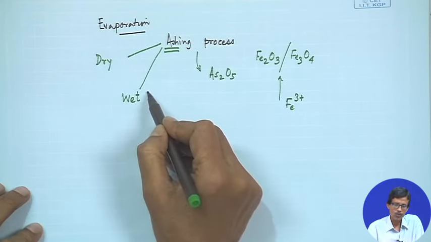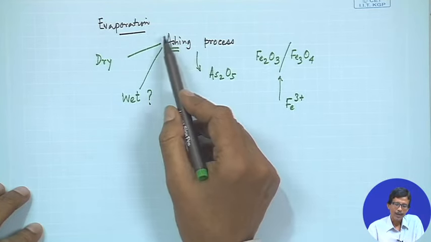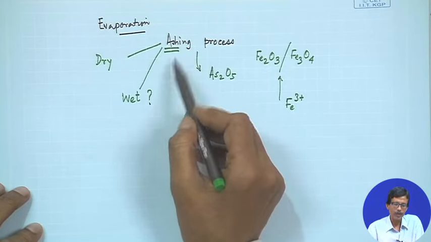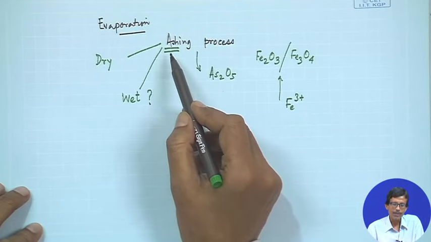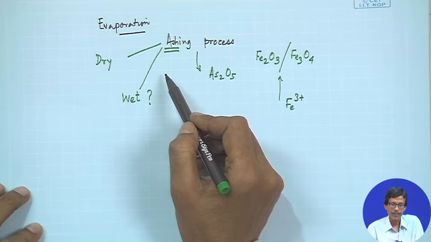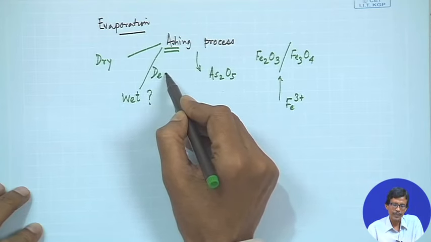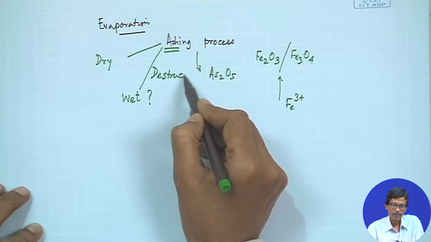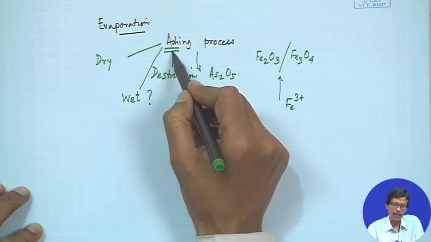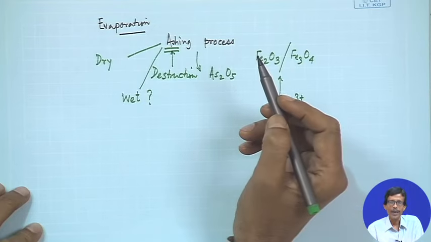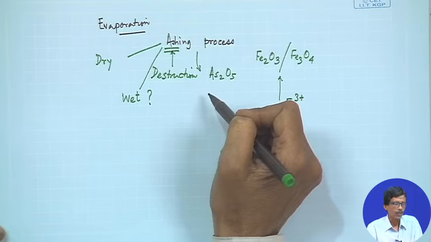But what about this wet ashing? We are doing something such that we can go for destruction of some part of the material to get some ash, and that ash can be taken into the solution.